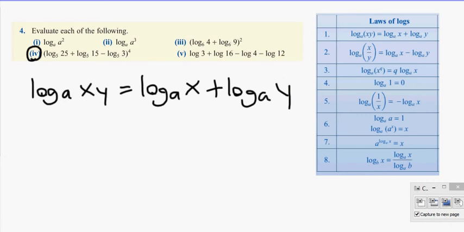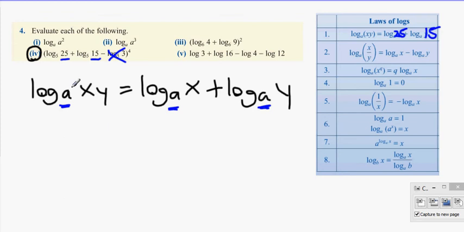I want you to note one thing. The base number is always the same. You can only do rules 1 and 2 when the base numbers are the same. They have to be the same. So here we go, 25 and 15. Ignore the second part. So 25 is x and y is going to be 15.